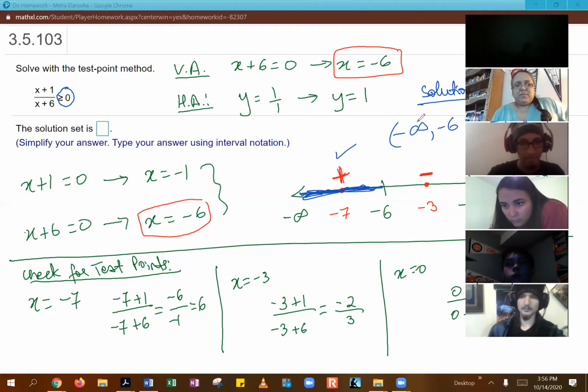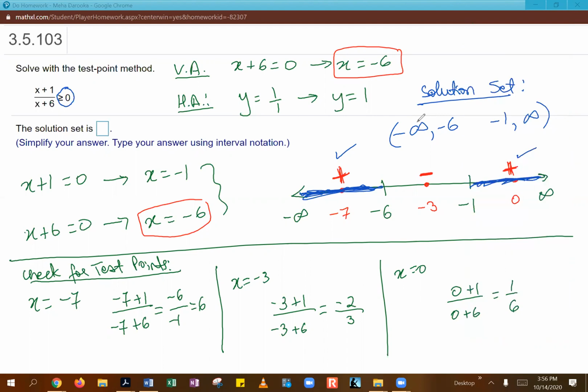Can we include both -6 and -1? Yeah, remember at -6, you have your vertical asymptote. So obviously, we cannot include -6 in our answer set. So that's why you have to use parentheses and not brackets. And it's a very tiny little thing, but you have to be extremely careful about that.